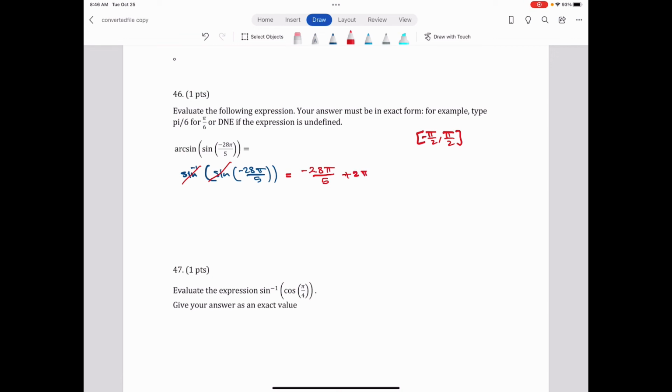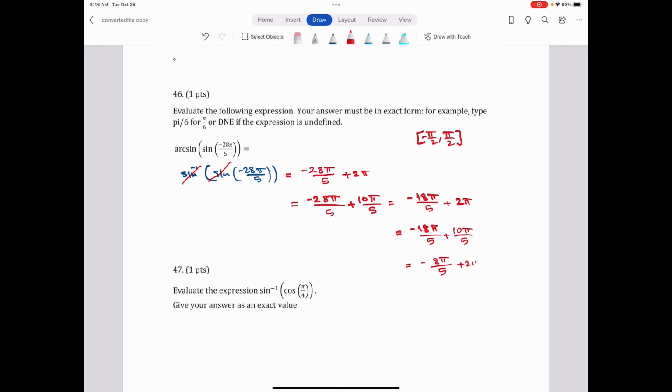So this is going to be negative 28 pi over 5 plus 10 pi over 5. And that is going to give me negative 18 pi over 5. Again, I'm going to add 2 pi one more time. So this is going to be negative 18 pi over 5 plus 10 pi over 5, which is negative 8 pi over 5.